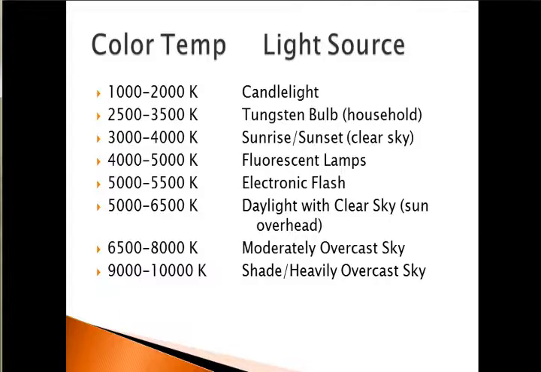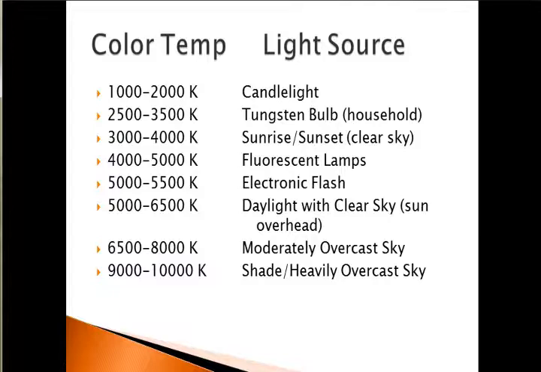And then you have fluorescent lamps, which are a little different than the bulb lights in your house. And then you have the electronic flash, which is actually that flash from your camera. And note that that's right around that 5,000 mark. And then you have daylight with a clear sky and the sun straight overhead. It's getting less orange than if it were sunset or sunrise.